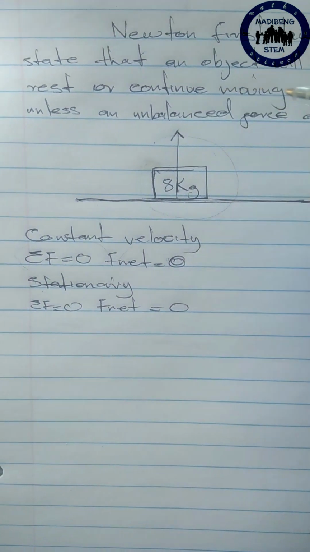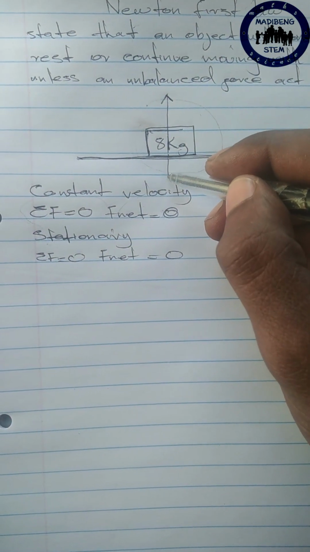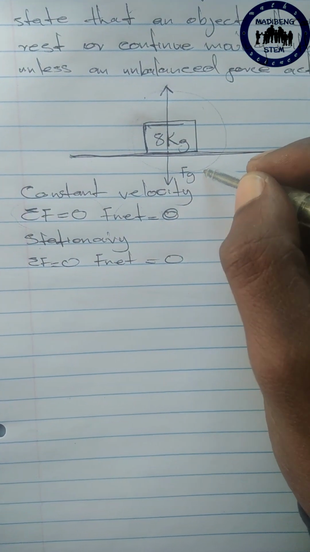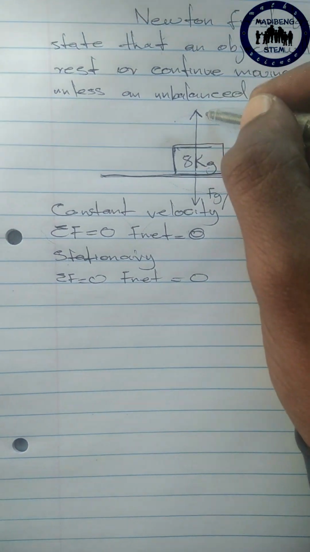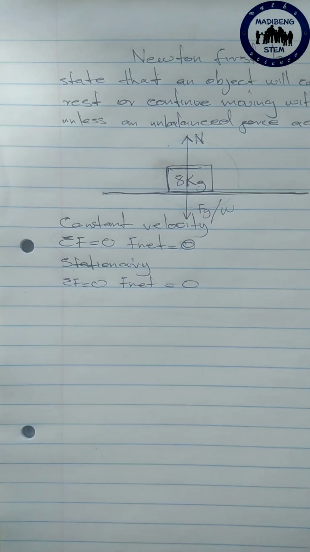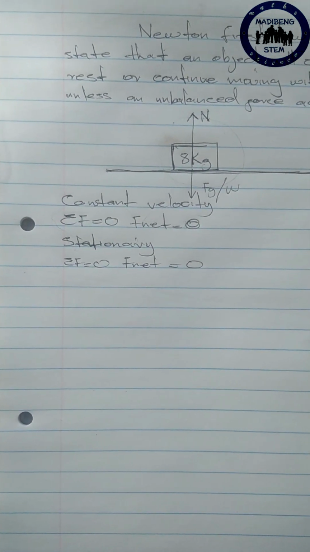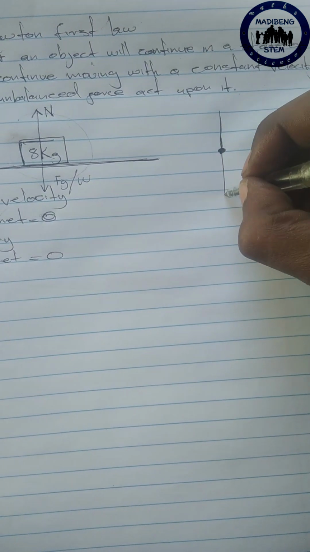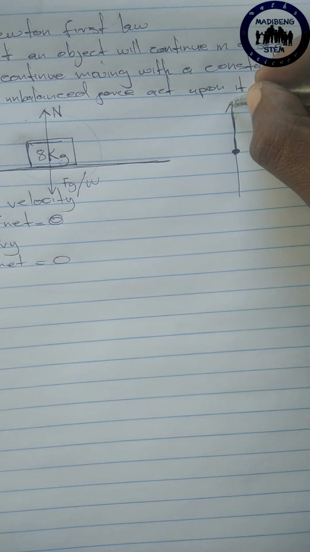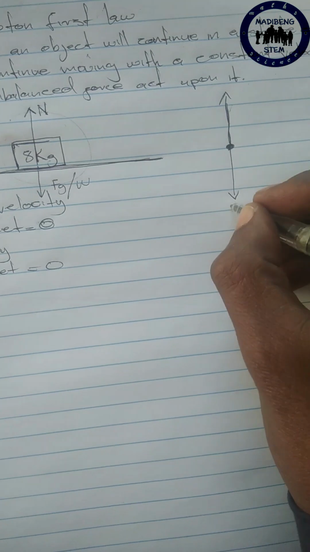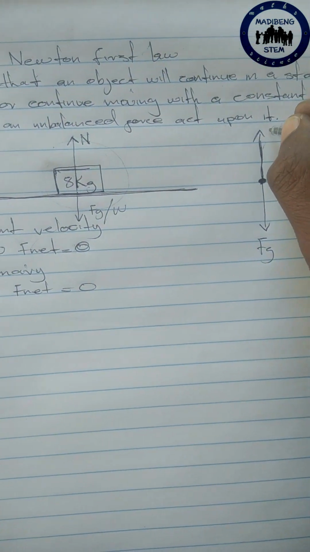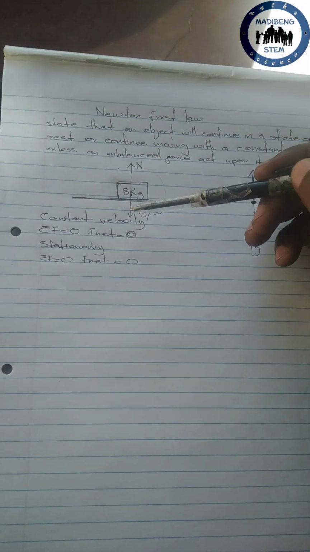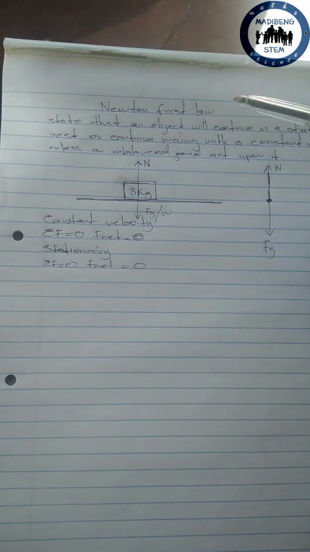This is our weight, Fg, and this is our normal force. So our body diagram will be like this.